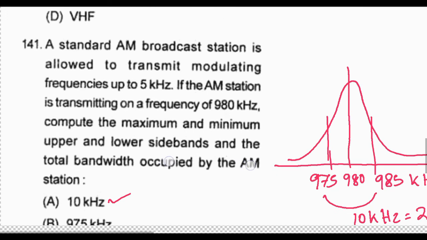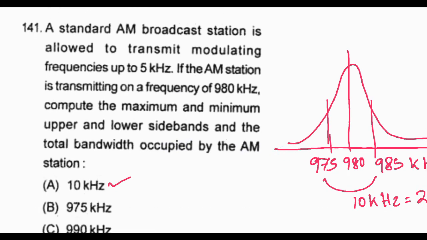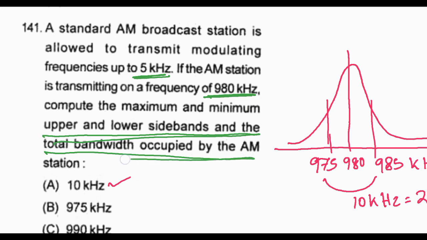Next one is: a standard AM broadcast station is allowed to transmit modulating frequencies up to 5 kHz. If the AM station is transmitting on a frequency of 980 kHz, compute the maximum and minimum upper and lower side bands and the total bandwidth occupied by the AM station.